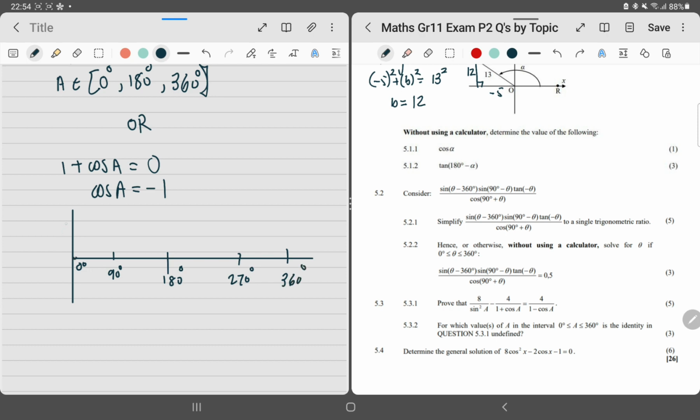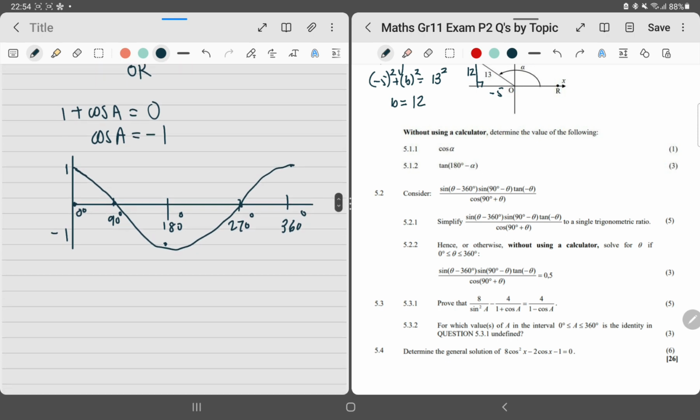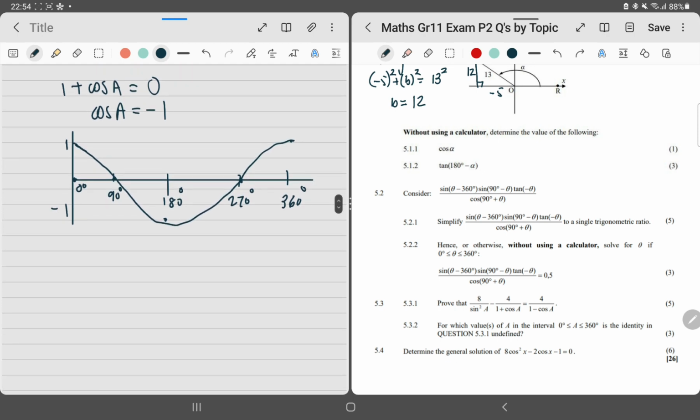And then the graph will look like that. So we are going to look for where the graph of cos of A is equals to -1. So it is equal to -1 at x is equals to 180 degrees.